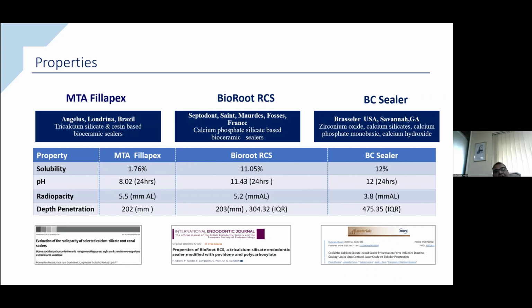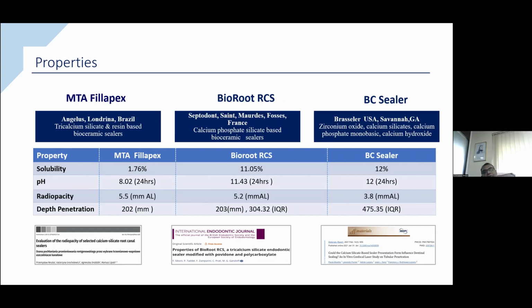The first lecture on Portland cement was given by Dr. Wright, a German scientist, in 1878. Later on, a scientist known as Dr. Torabinejad developed it, and it got FDA approval in 1998.